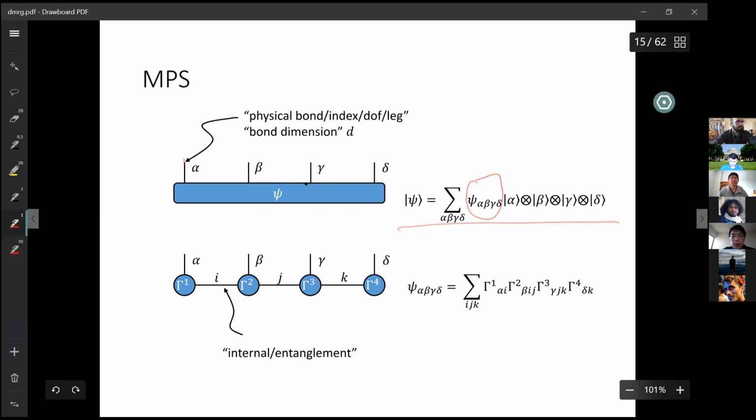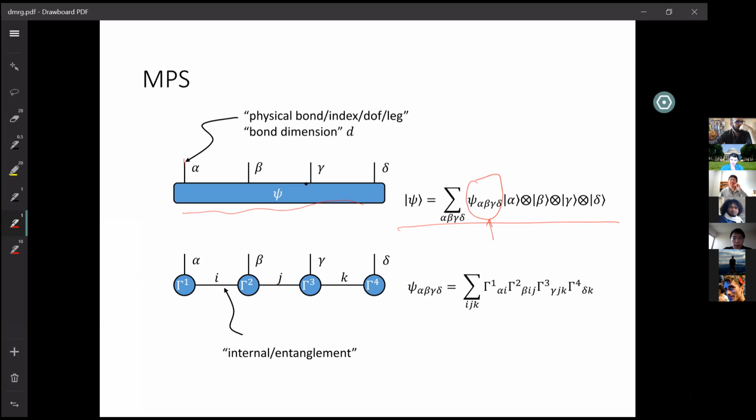And we know that we cannot always store a wave function in this form, because as the number of sites grows, the number of tensor elements we will need for this tensor grows exponentially.